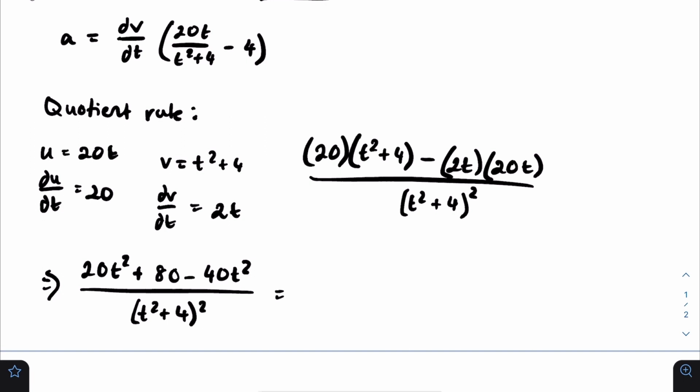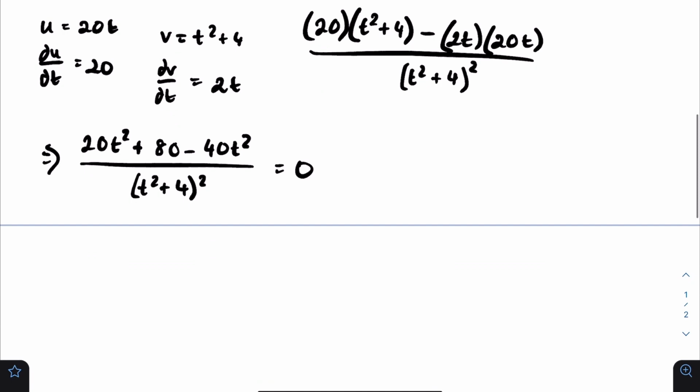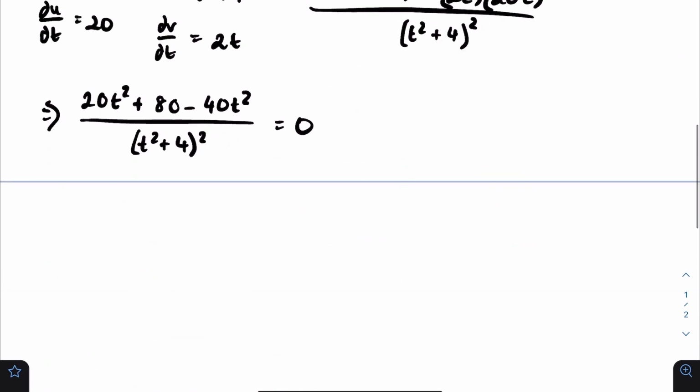Remember, we're going to set this equal to 0 because it's saying when the acceleration is 0. So now we have to find the value of t which suits this. So we multiply both sides by t squared plus 4 all squared, and we get 20t squared plus 80 minus 40t squared is equal to 0.